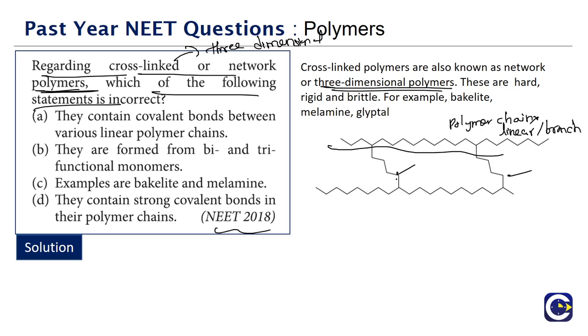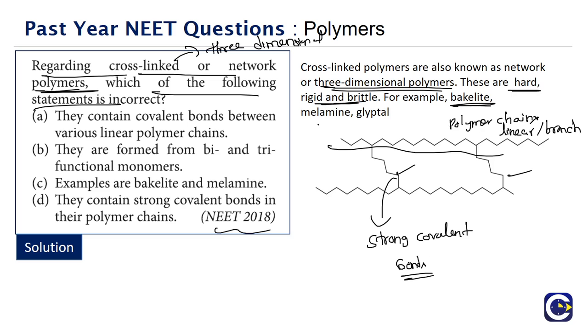And these cross linking bonds will be strong covalent bonds. That's the reason why these cross-linking polymers will get the properties of hard and rigid nature in terms of their physical attributes.